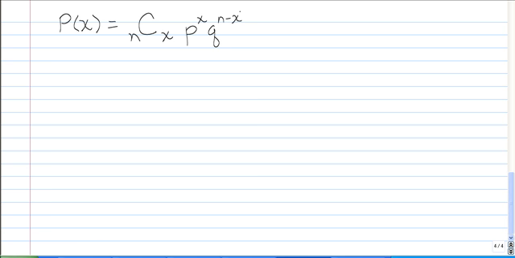So I'm going to work on numbers 40 through 43. These all deal with the same case. Let me read you the scenario. In a certain state, it has been shown that only 60% of high school graduates who are capable of college work actually enroll in college.